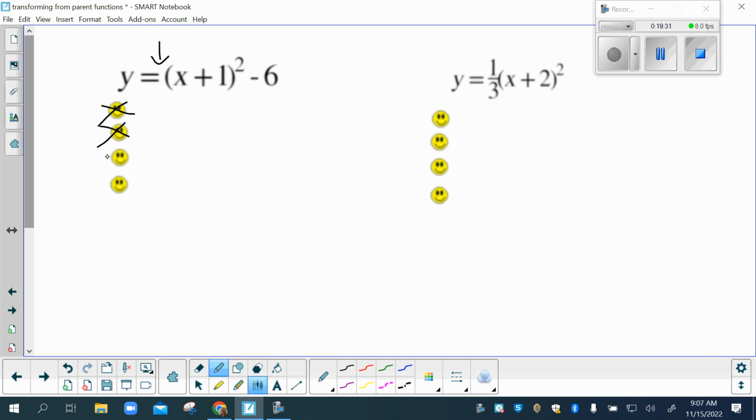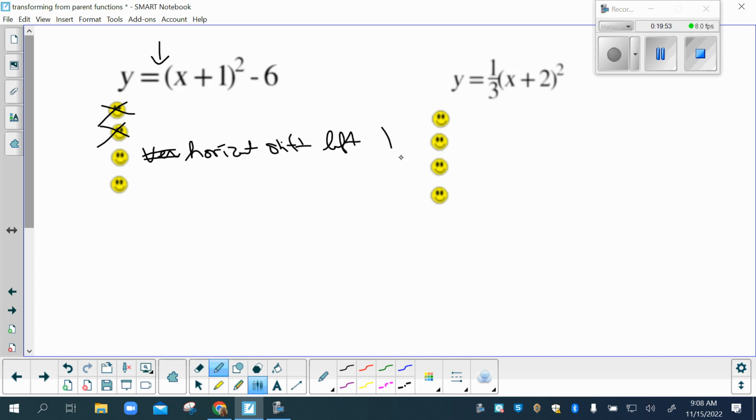But he is being shifted to the left, right? So we're going to say, I get that wrong every time, horizontal shift left 1.